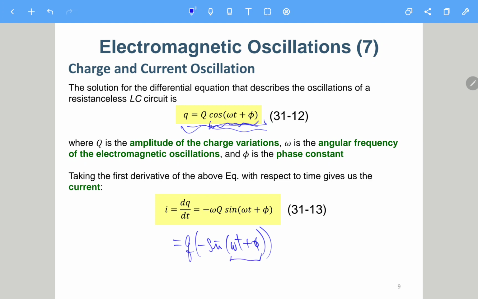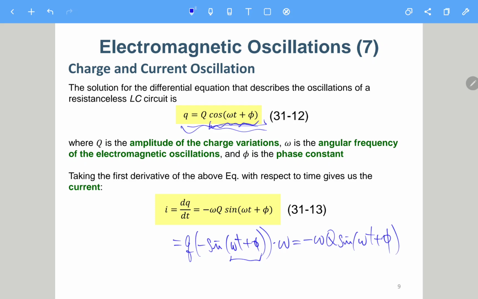You need to take the derivative of the argument of the sine function. This is a constant, becomes 0. This one, omega t, you take d omega t dt, so it becomes omega. Altogether we have negative omega q sine of omega t plus phi.